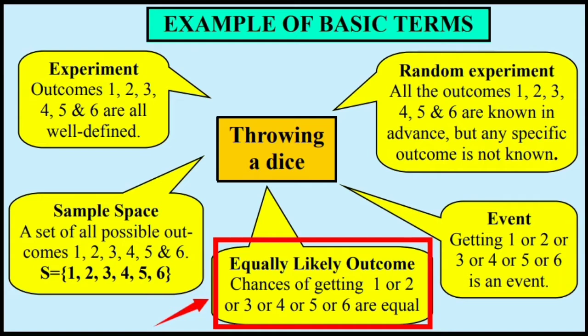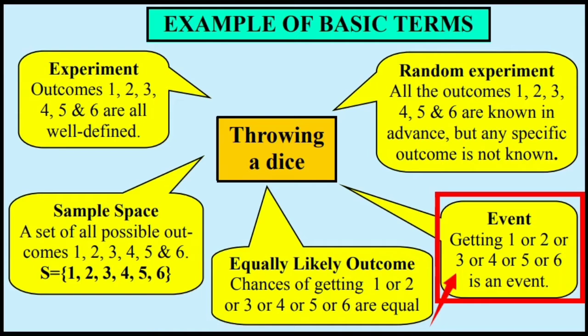Here we know very well that the chances or possibility of the points 1 or 2 or 3 or 4 or 5 or 6 are the same or equal. Hence it is called equally likely outcome. Next one is event. In this experiment, getting 1 or 2 or 3 or 4 or 5 or 6 as outcome is an event. Now I believe that the meaning of all these basic terms is clear to you.